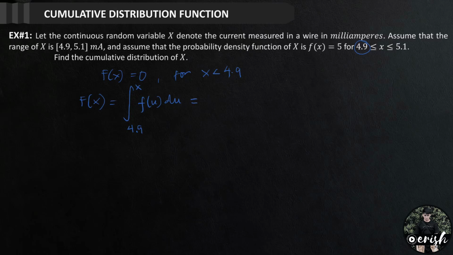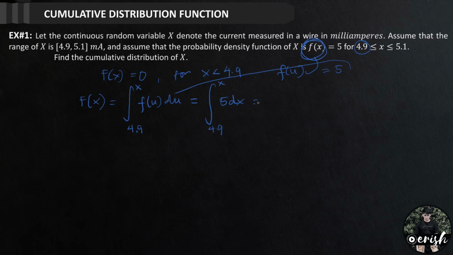So this is equal to ang value ng f of u natin, which is simply f of x. So ibig sabihin, ang value ng f of u natin is 5. Yung 5 na yan ang ilalagay natin dito sa equation. So again, the integral of 5 dx na to from 4.9 to x.